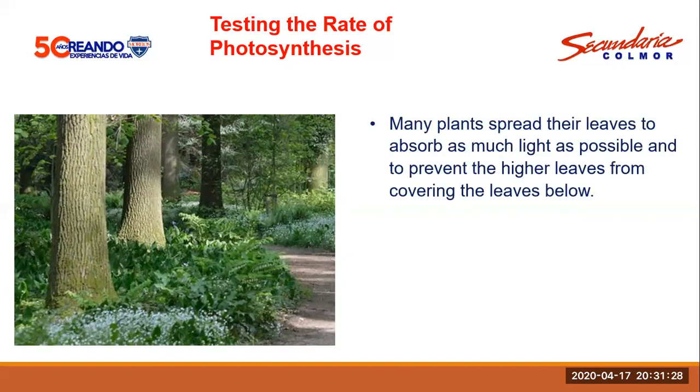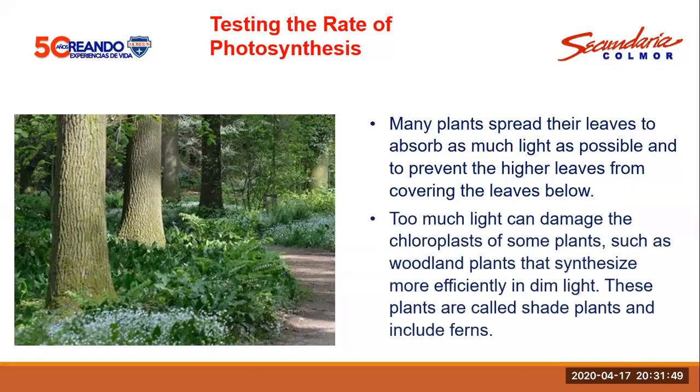Many plants spread their leaves to absorb as much light as possible, and so to prevent the higher leaves from covering the leaves before. So if there are leaves up and there are leaves down, the leaves underneath will have to spread so that they can absorb light.